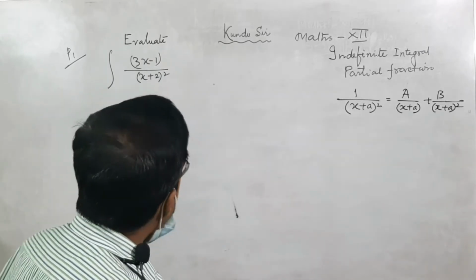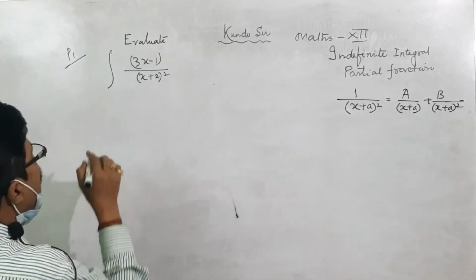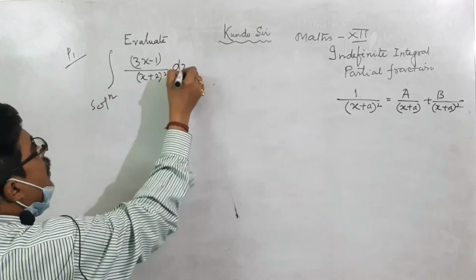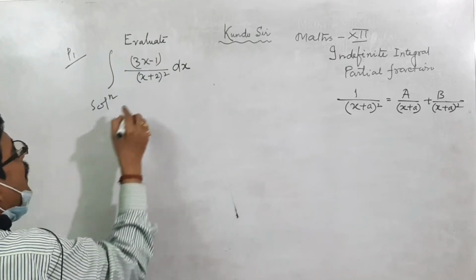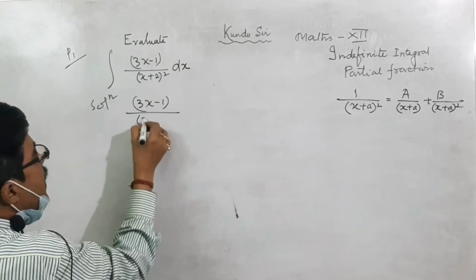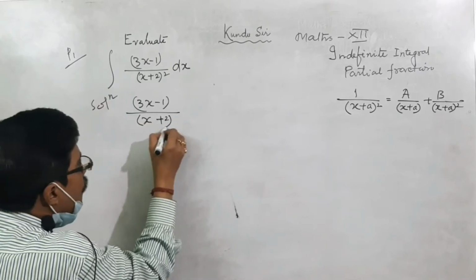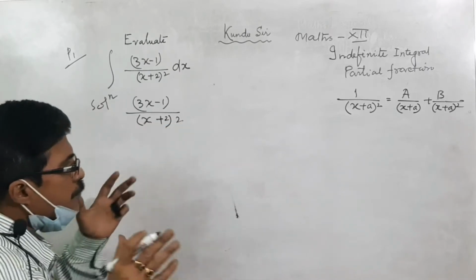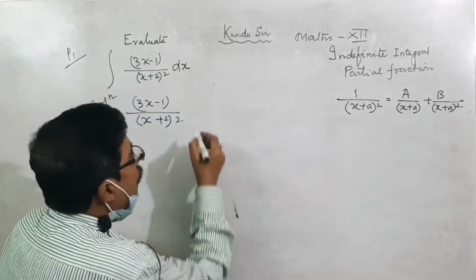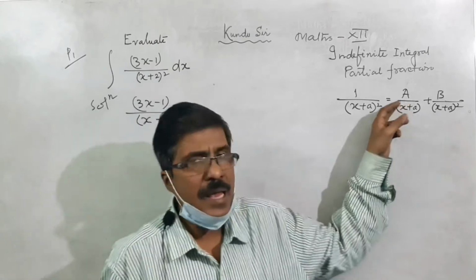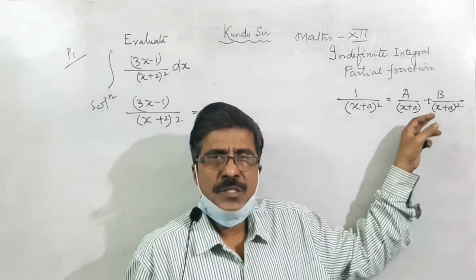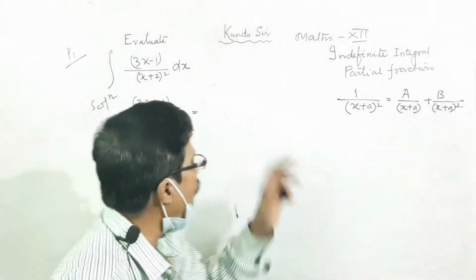So we are writing this equal to, that is the solution. We can write (3x minus 1) upon (x plus 2) whole square, and we can express this term in the partial form. It is equal to A upon (x plus 2) plus B upon (x plus 2) whole square.